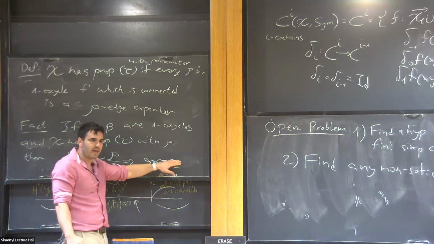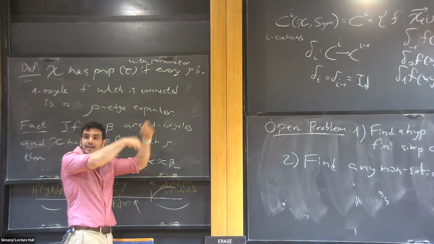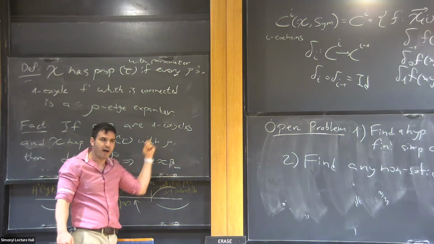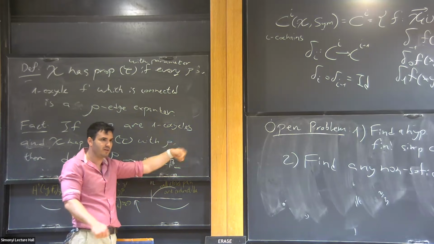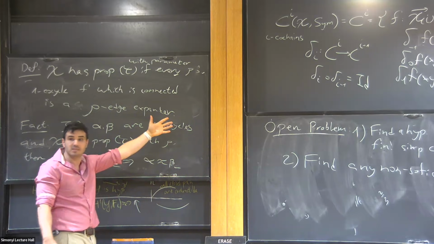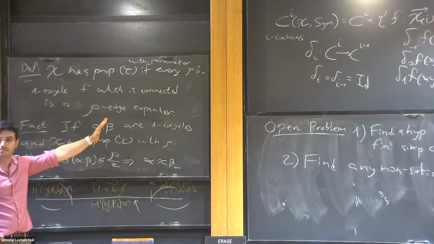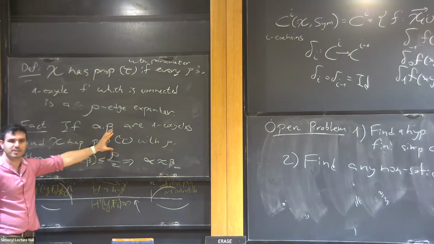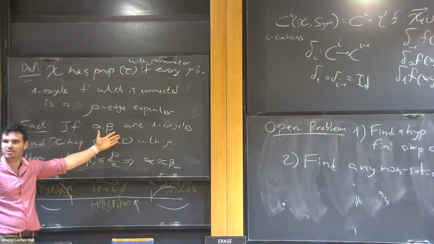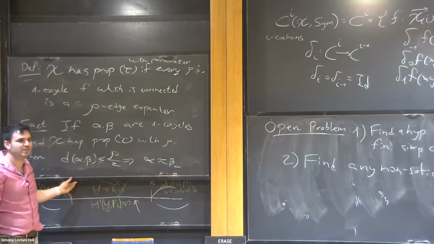And what do I mean by the same? You can permute the names of the vertices of alpha and get back beta. So the equivalence relation that we said, as covering spaces, they are the same covering space. Okay? So I hope you already see that that's very similar to having good distance in the code.